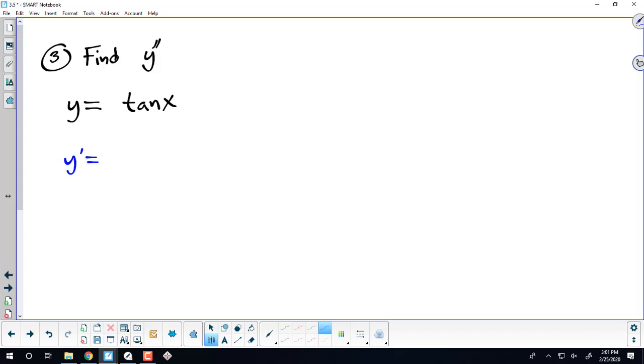Okay, we already saw the first derivative of tangent is secant squared. Remember, that's just secant x quantity squared. So to find the second derivative, we need to take the derivative of the first derivative. So how are we going to do that? Power rule?